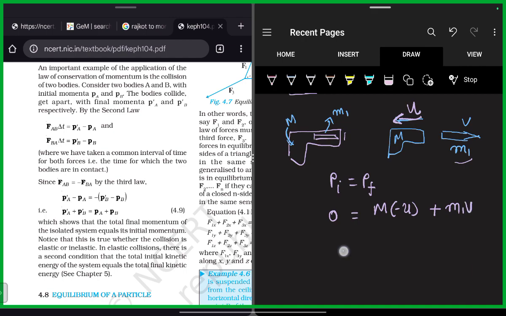Now if we simplify this, we can find out the recoil velocity, that is u.